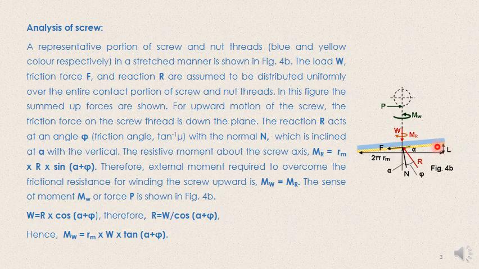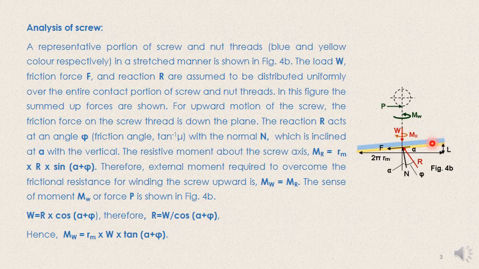Now look at the scenario when you are winding the thread, that means trying to move it upward. The blue strip, that is the thread strip, will move over the yellow strip for an upward motion.